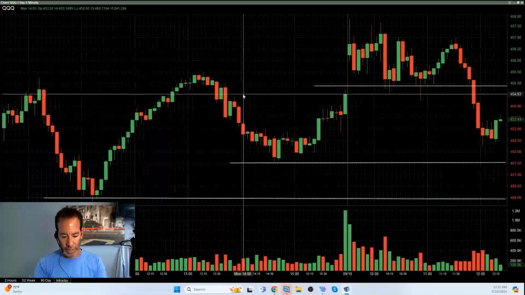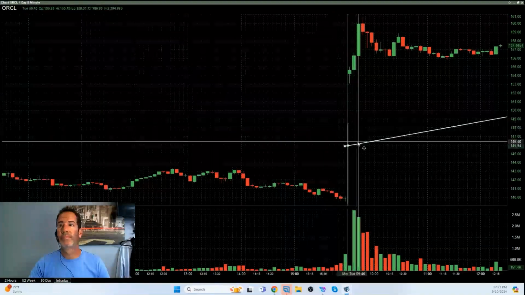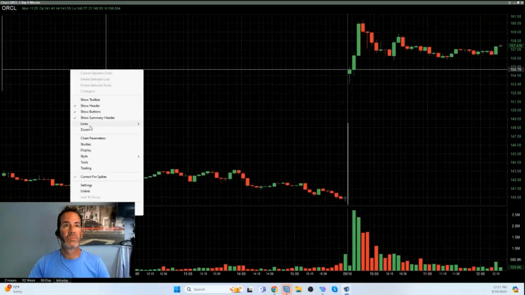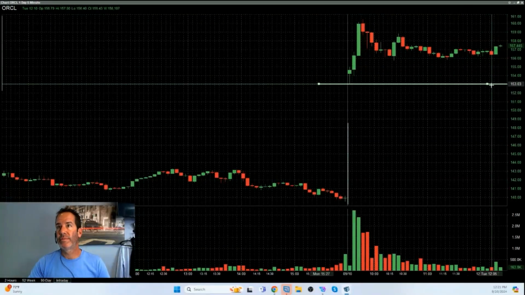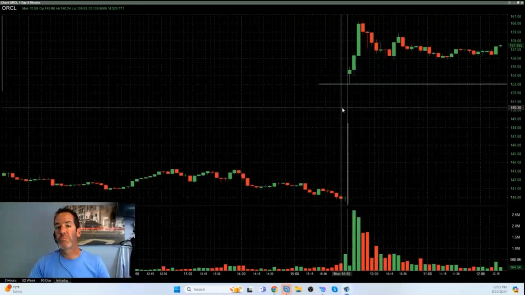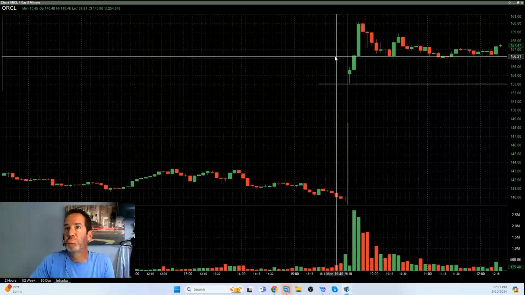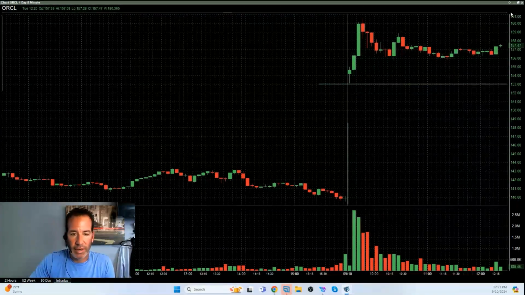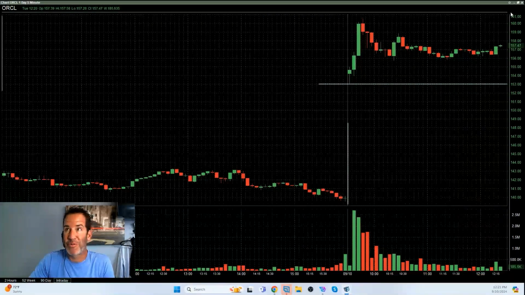How's Oracle holding up? Well, here's your new gap pivot. Pretty impressive. It's hard to know. If the market's going to come in and be choppy and we lose a lot of stocks, it's going to be hard for Oracle to stay up there.